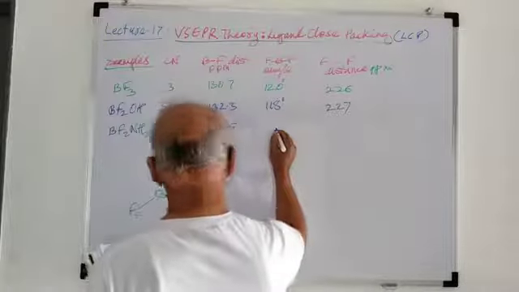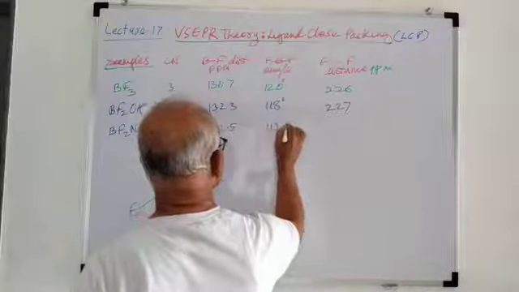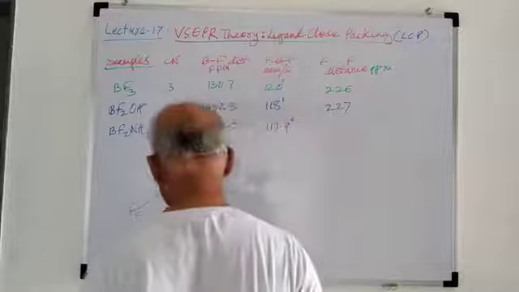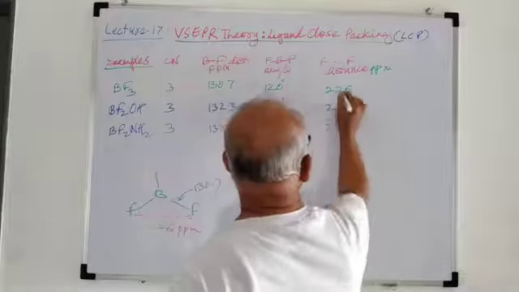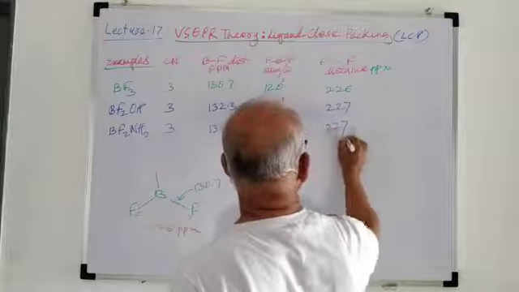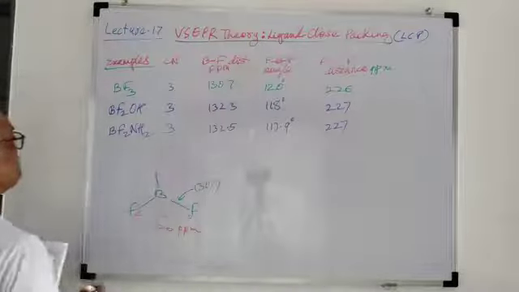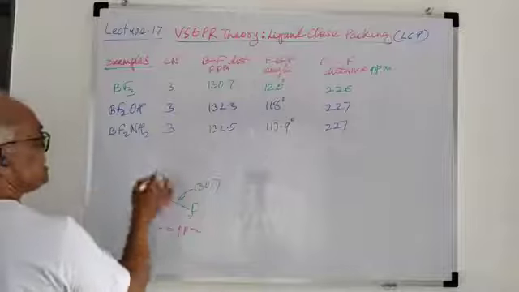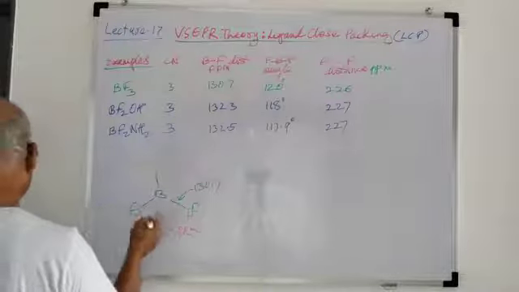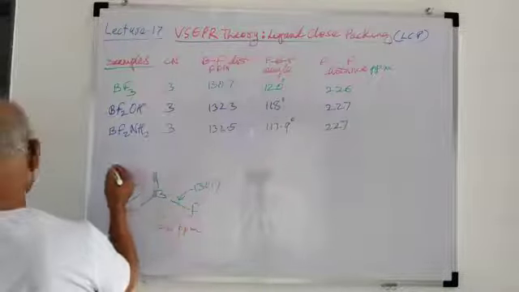The angle becomes 117.9 degrees, and the FF distance is 227 ppm. Again, we will see one more example, and then we will see the details.